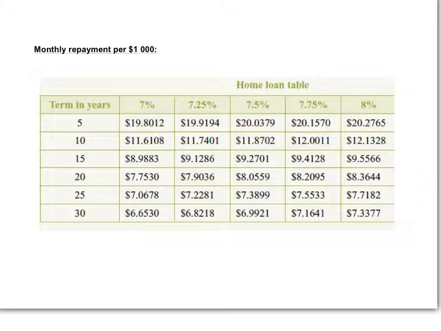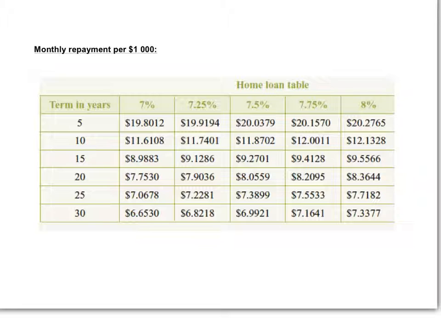Applying the principles we have just used, banks have tables that show monthly repayments per $1,000 at specific interest rates for certain periods of time, and that makes the amount of work we have to do a lot less.